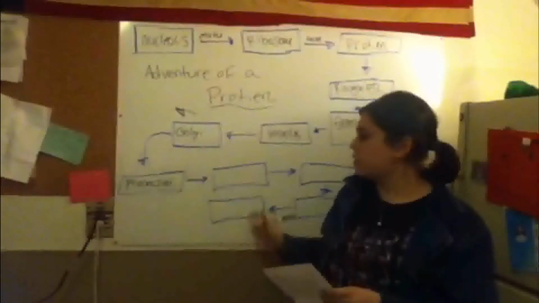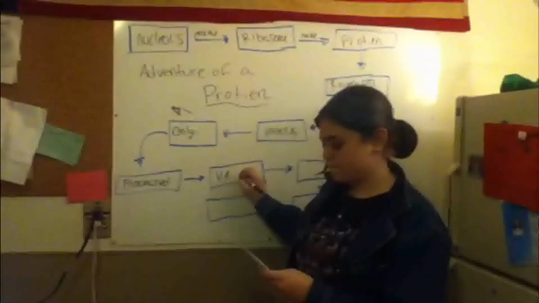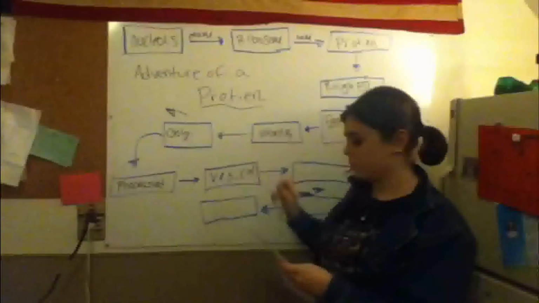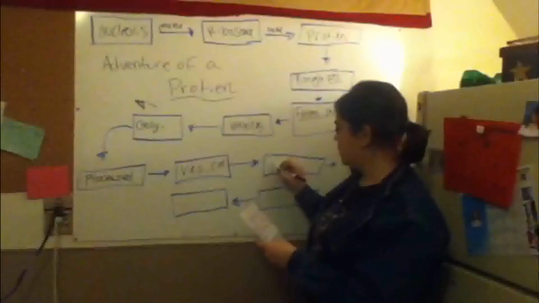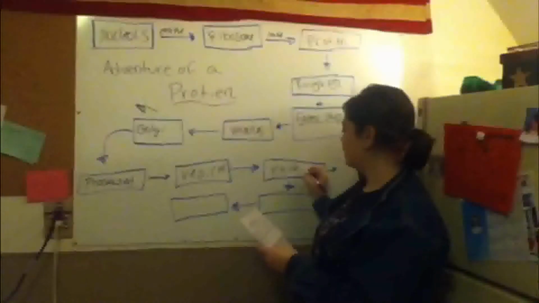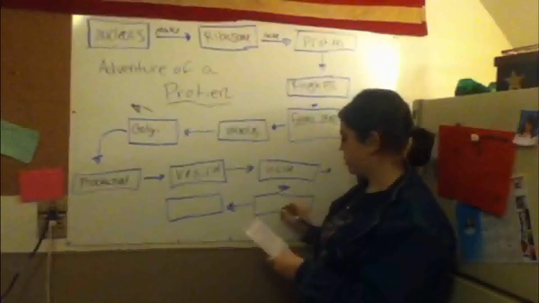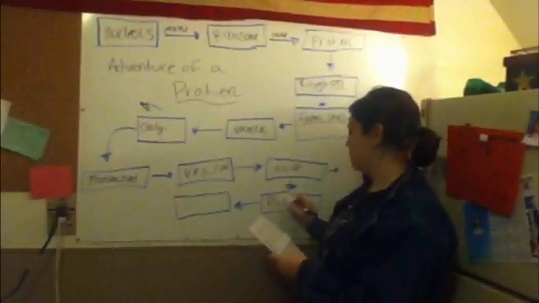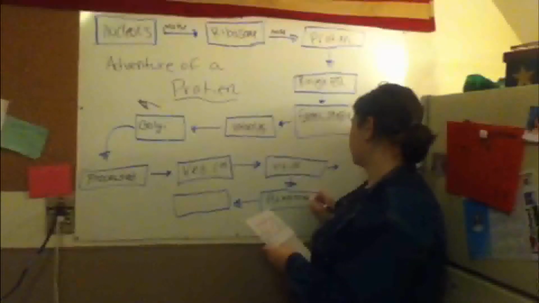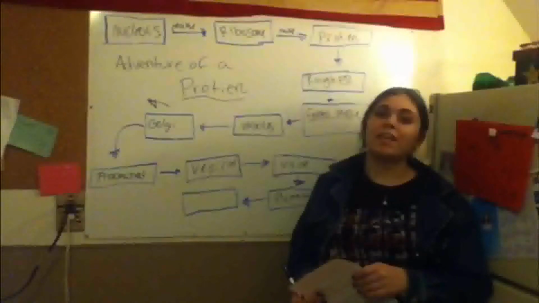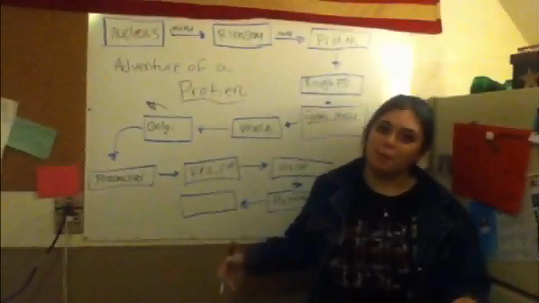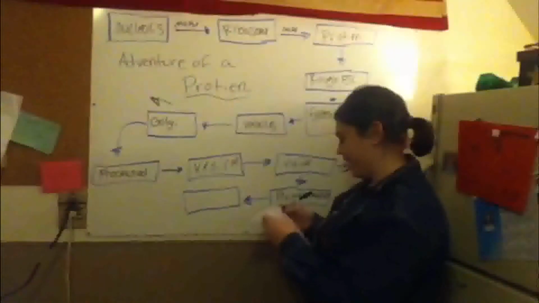They get processed and released into a vesicle, which also makes it travel to either inside the cell or to the plasma membrane, where from the plasma membrane it can give other cells energy and so on.